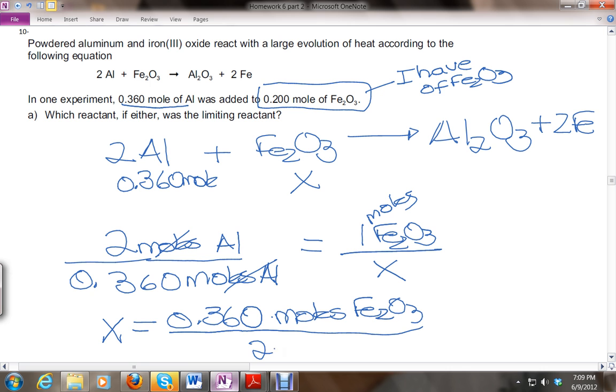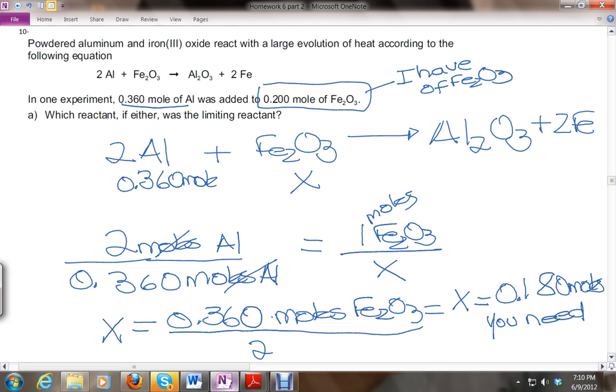I cross multiply, and that gives you the amount you need of iron oxide that will react completely with 0.360. So it gives me 0.180 moles. Now this is what you need to react with all the aluminum you have.